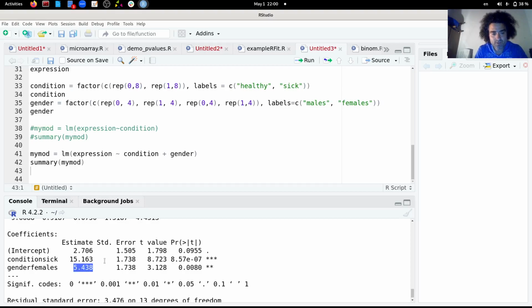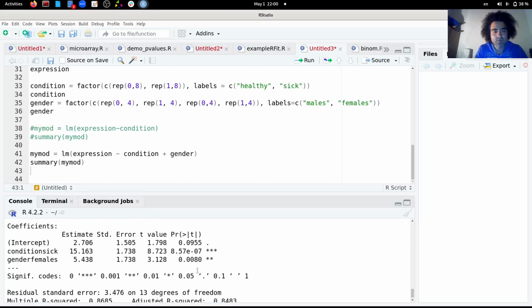Now, both of these values, especially this condition sick, are statistically significant: 8.57 multiplied by 10 to the minus 7 and 0.008 respectively.